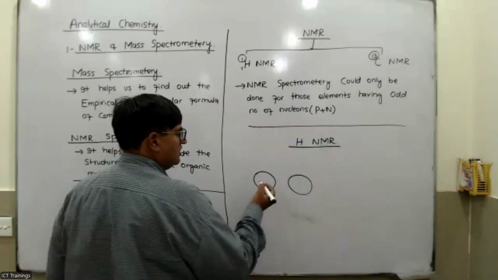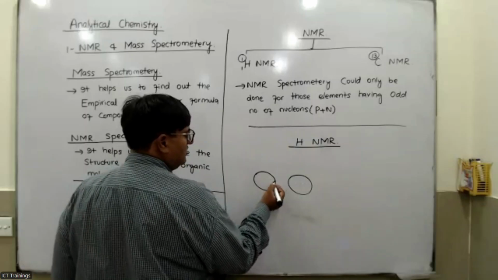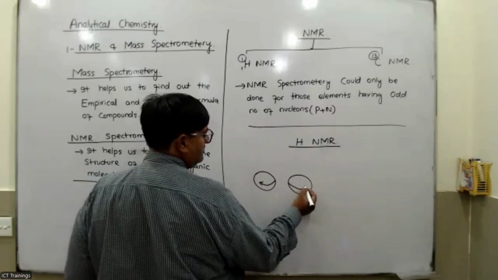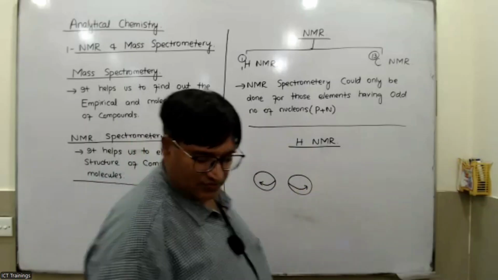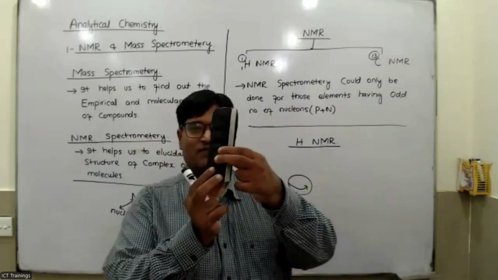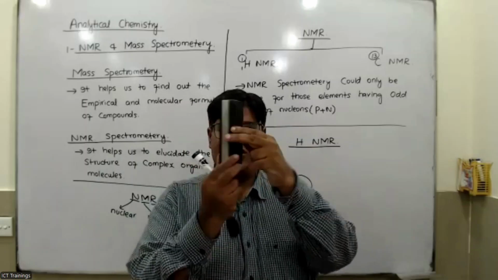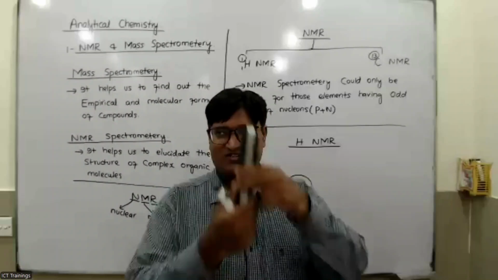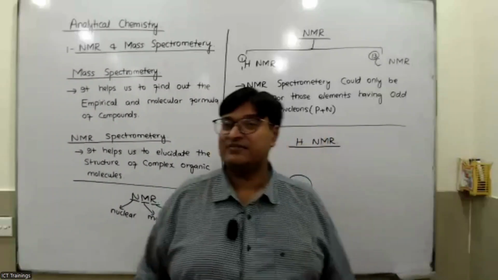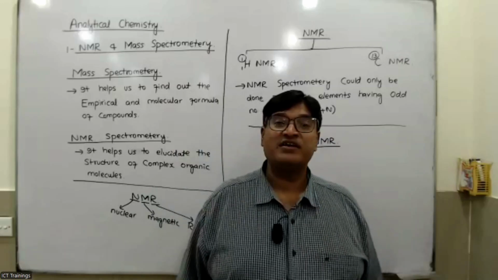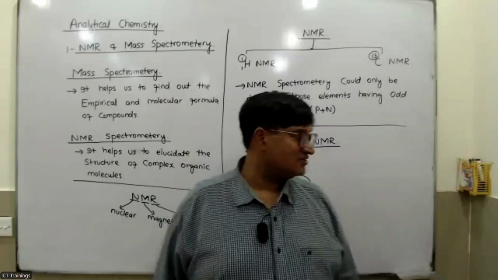The rotation could be clockwise or anti-clockwise, like that. Have a look up here. This one is moving in a clockwise direction, or it could move in an anti-clockwise direction. So the nucleus of any atom is not stationary. It's always revolving around its axis.